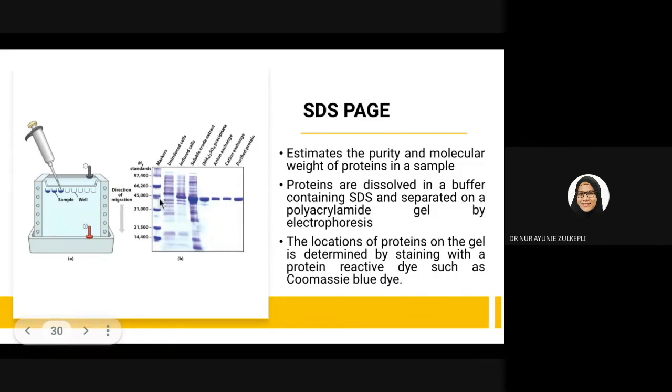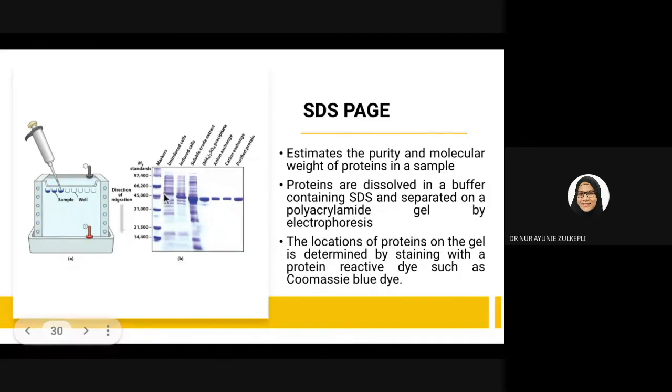Then we can estimate the protein's molecular weight by comparing the band that appears here for each protein with a marker. The marker is a standard. We already know the molecular weight of each band in the marker.